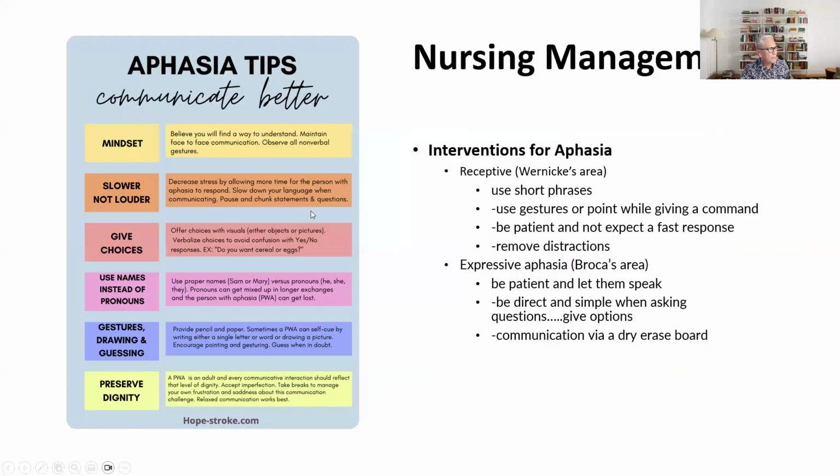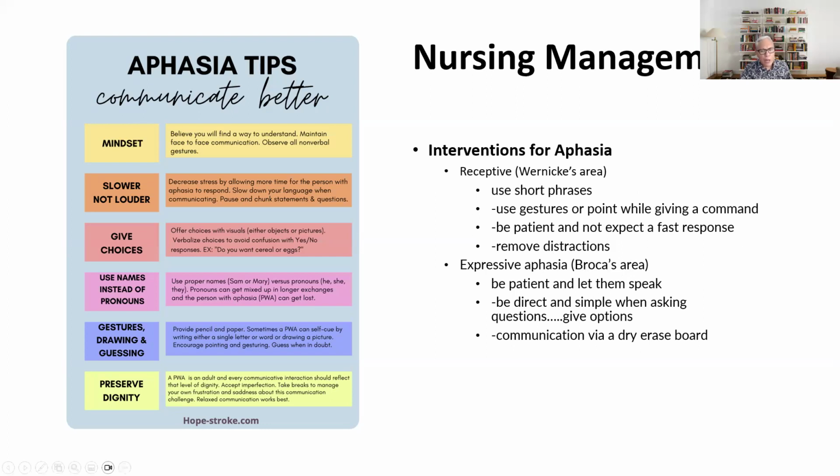In addition to that, we have specific interventions for the different kinds of aphasia. For receptive aphasia, remember, this is Wernicke's aphasia, and they're unable to comprehend the speech.